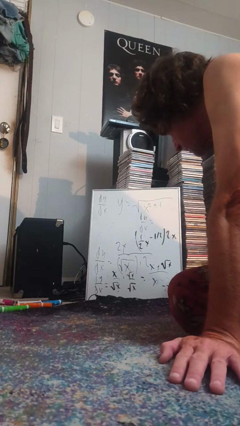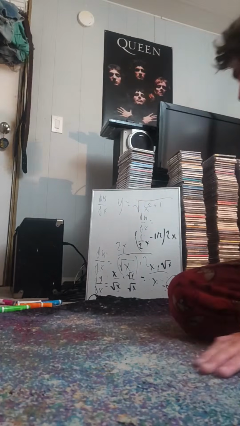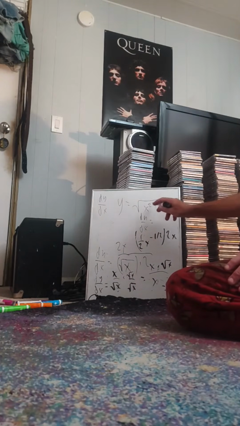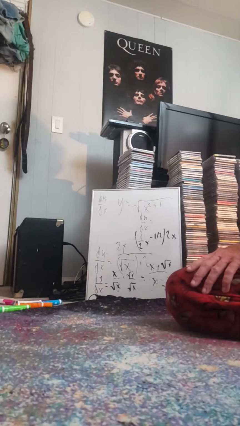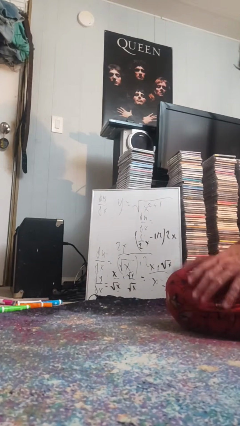I'm going to check the book. Square root of x. So if y equals the square root of the quantity x squared plus 1, then dy/dx equals square root of x. Please, I hope I did that right.